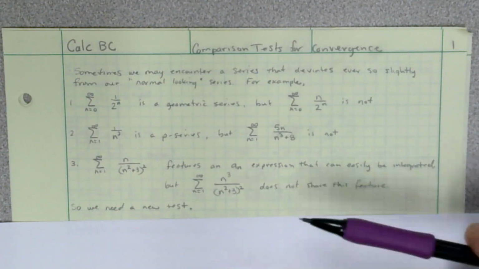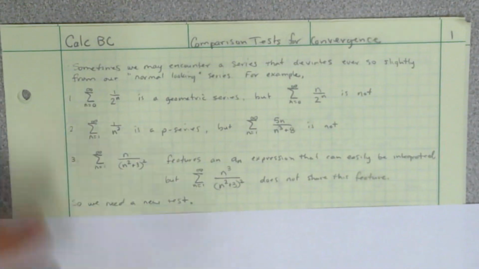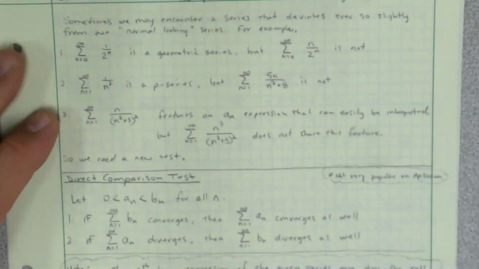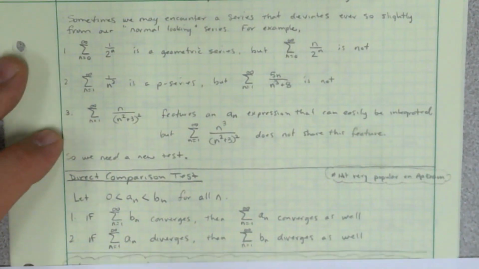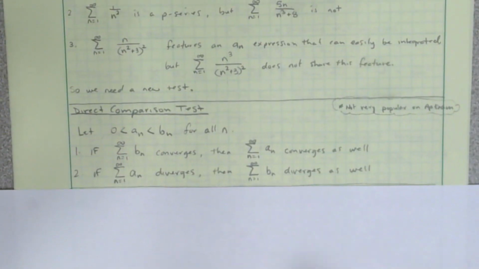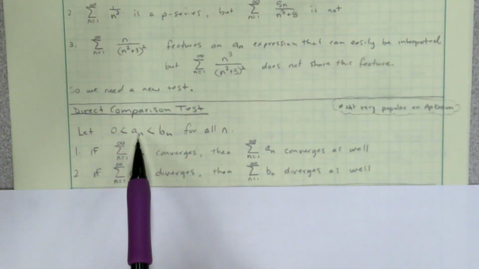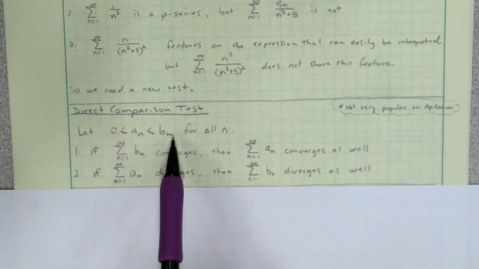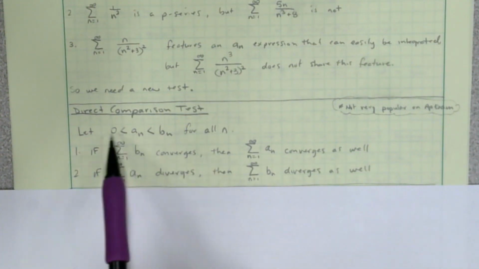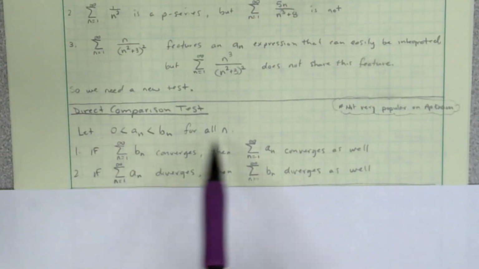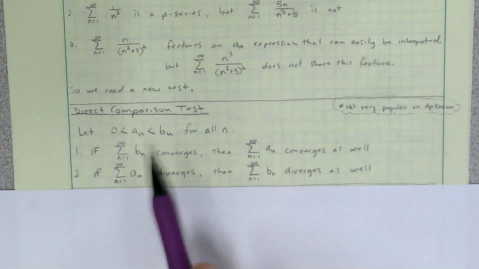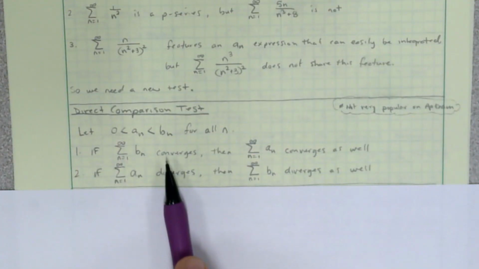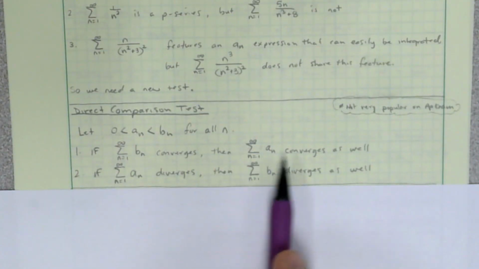So what we need is a new test for this, and so we come up with a comparison test. The first one we're going to look at is the direct comparison test. If we have two sequences, a sub n and b sub n, where a sub n is less than b sub n, and they're always greater than 0 for all n, then if b converges, the a series converges as well.